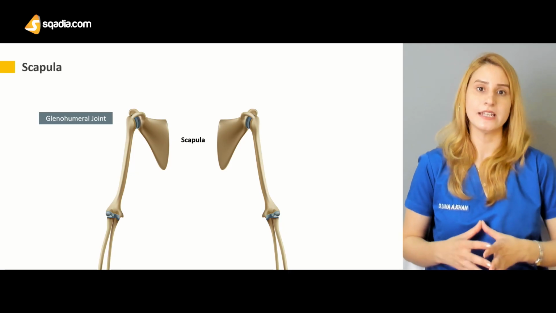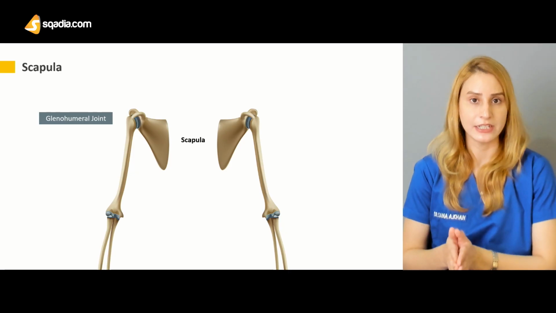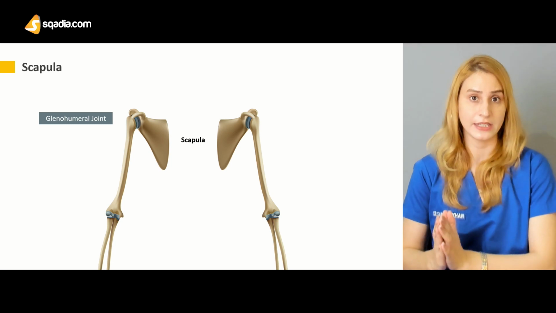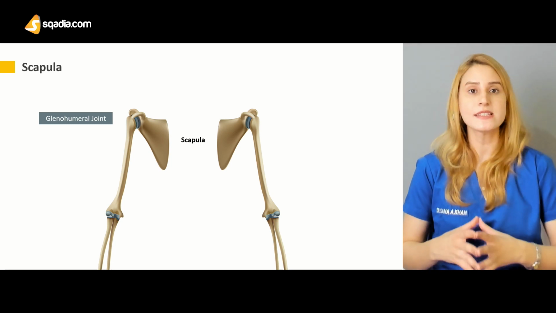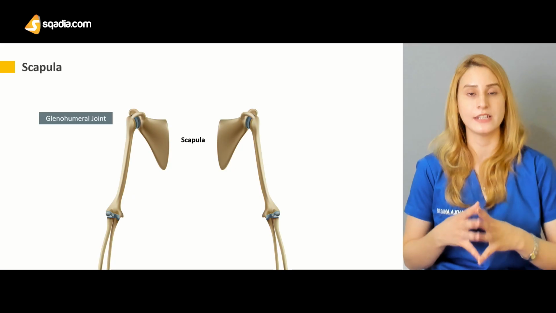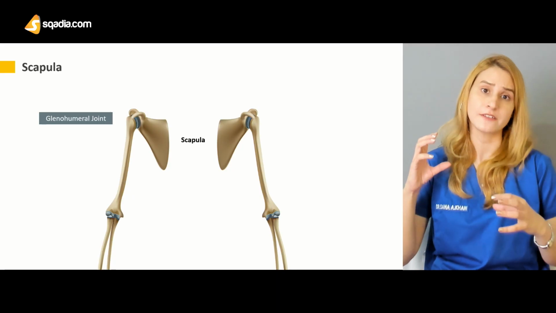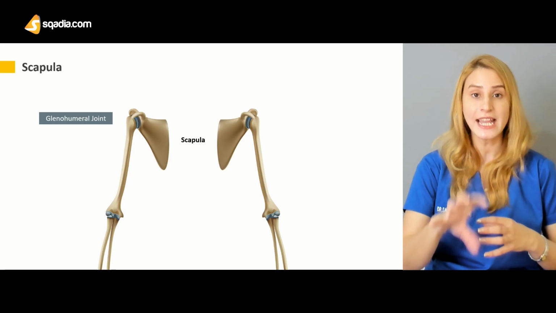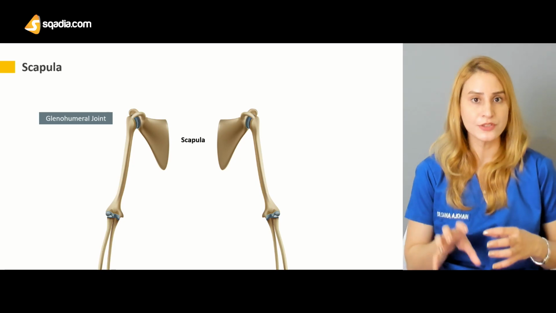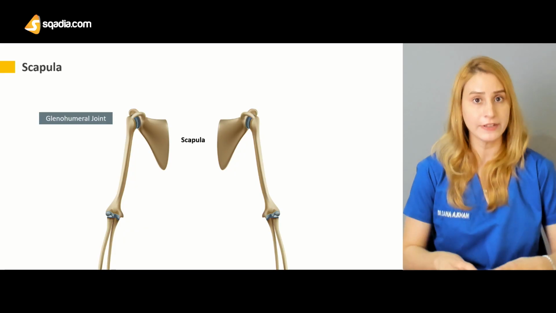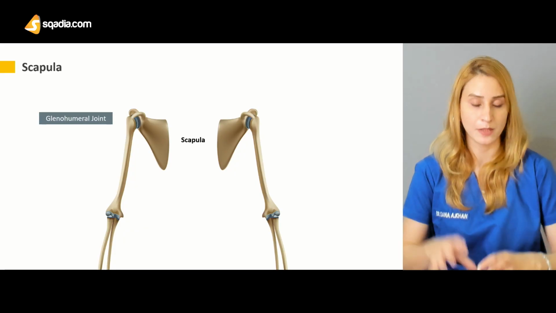On the other side, there is the glenoid cavity at the lateral end of the scapula, responsible for the formation of the glenohumeral joint, fitting the head of the humerus into the glenoid cavity and making up the shoulder joint, which is responsible for very important movements of the upper limb.